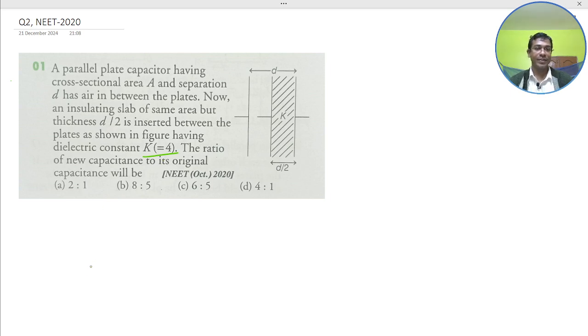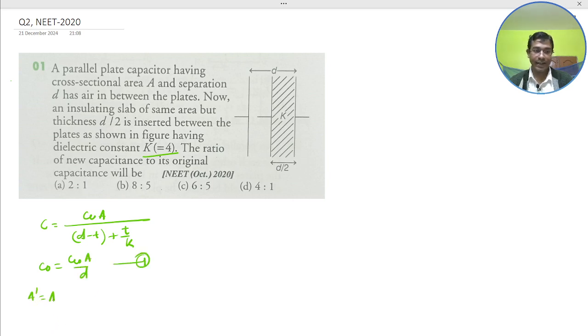You have to find the capacitance ratio with the original. So we just write one formula from our chapter summary in a nutshell, that C is equal to epsilon naught A divided by D minus T plus T by K. This is the formula. So for C naught, it is epsilon A by D, first one.